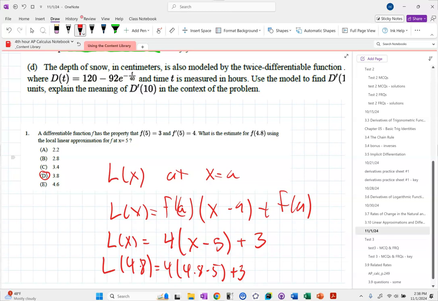I don't have that stuff on the test because it's a waste of time, a time suck for me to put something like that on there. Tan of pi over 4 is 1, and cosine of pi over 6 is square root 3 over 2; those should come out quick. I'm just trying to be real. You asked me what we have to know.